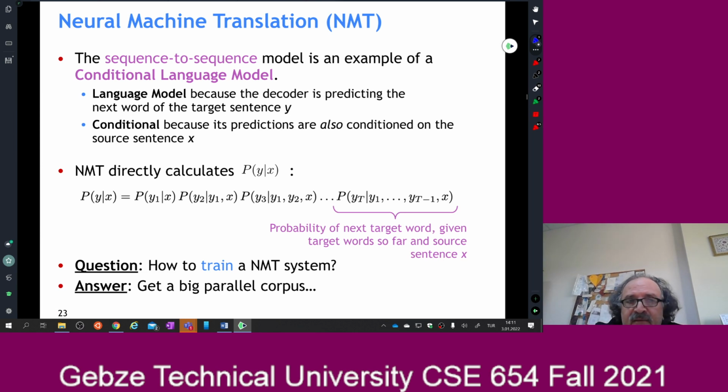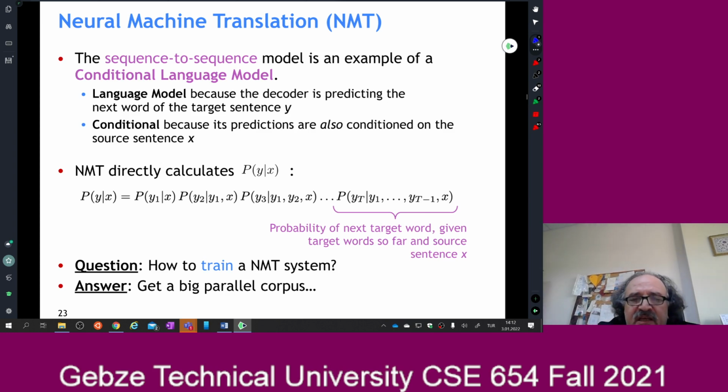It is conditional because its predictions are also conditioned on the source sentence X. This tries to assign probabilities to Y, the target language, but whatever we are doing is conditioned on the input sentence X. So this includes both this conditional probability and the language model too. That's a nice feature.